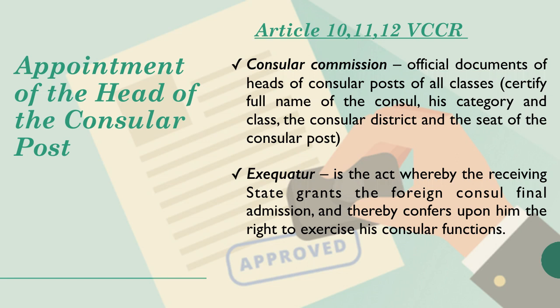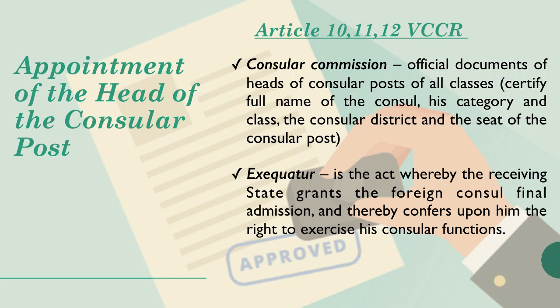As a general rule, the head of a consular post is furnished with an official document known as consular commission. Vice consuls and consular agents are furnished with a similar instrument which bears a different name, for example, decree, patent, or license.